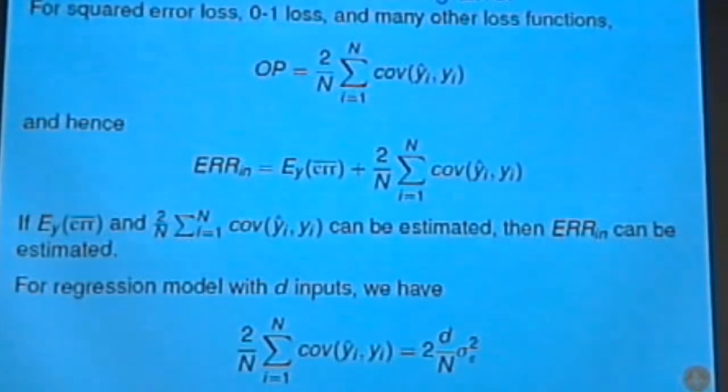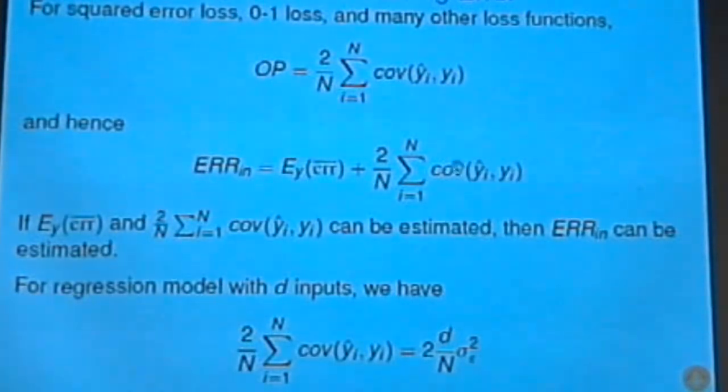So you can actually just look at the final result. Optimism, so your in-sample error contains two parts. For the second part, under certain conditions, for a regression model with the inputs, you can show that the first part actually underestimates the true result.